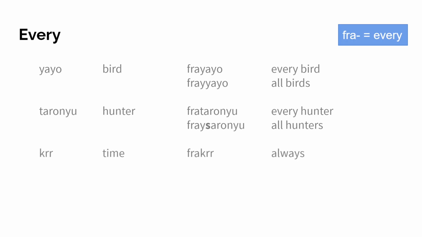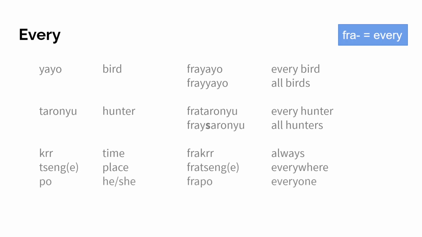And again, there are a lot of useful words derived from this. Hrr means time, so frahrr, every time, means always. Tseng or tsenge, place, can become fratseng or fratsenge, everywhere, because it's every place. Po, he or she, can become frapo, which literally means every he or she, and then means everyone.